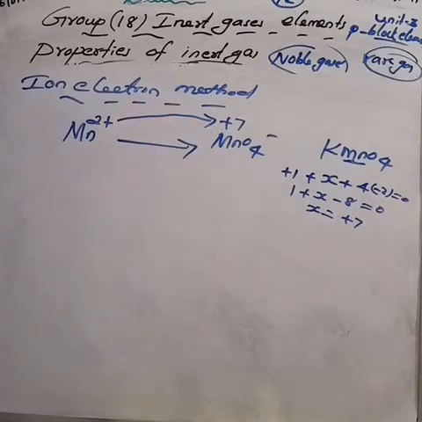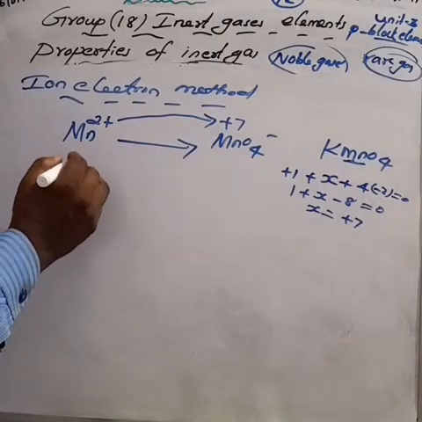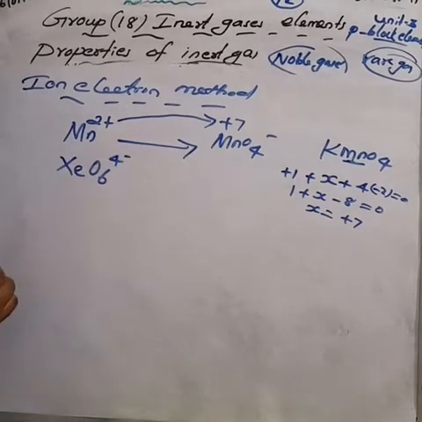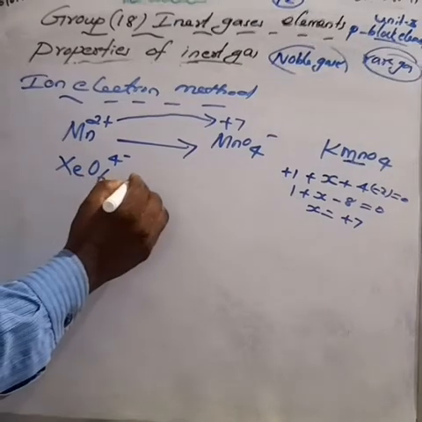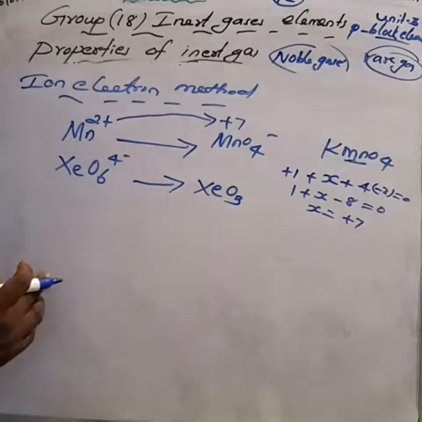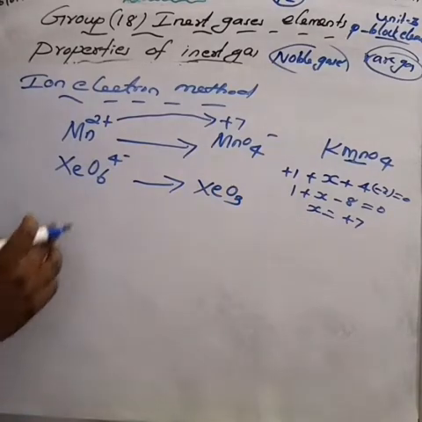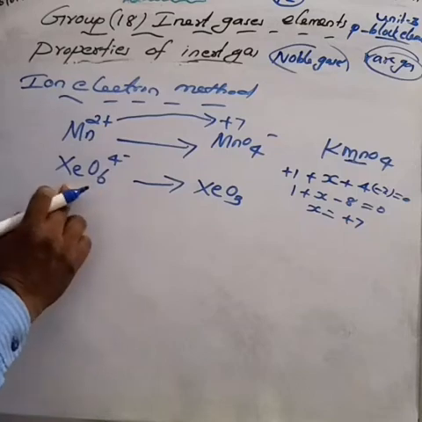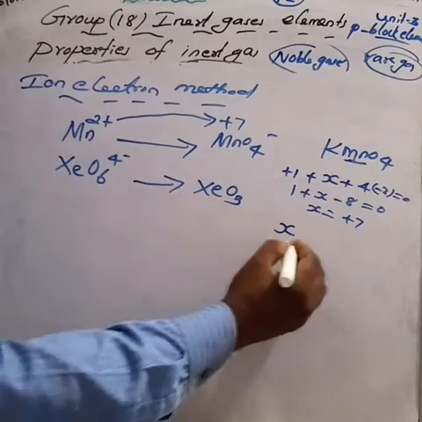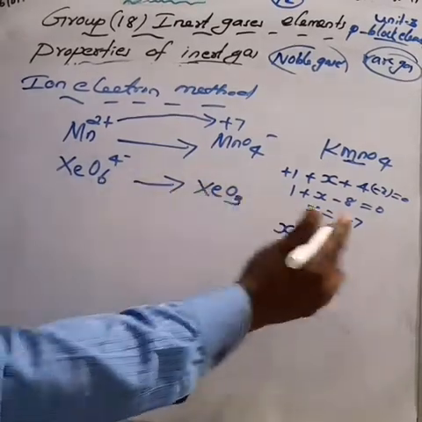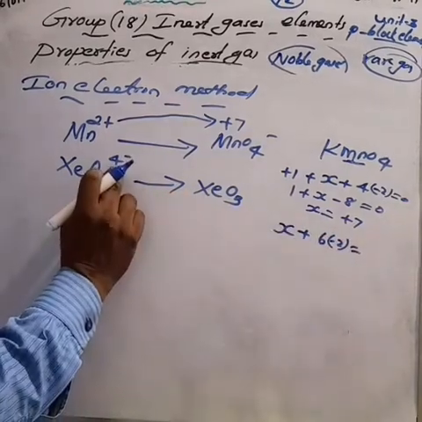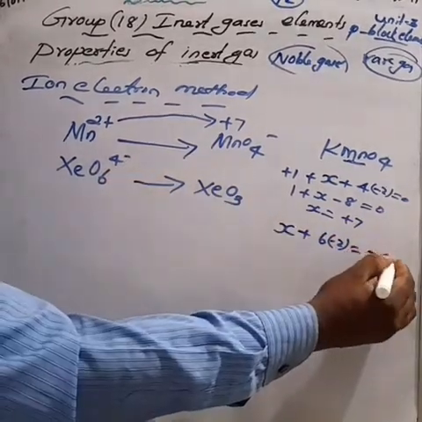Next, we write XeO6 4- converted into XeO3. How do you balance it? How do you find the oxidation state of Xe? Take xenon as X, plus 6 oxygens, 6 into minus 2, equal to the charge, which is minus 4. So X plus 6 into minus 2 is equal to minus 4.